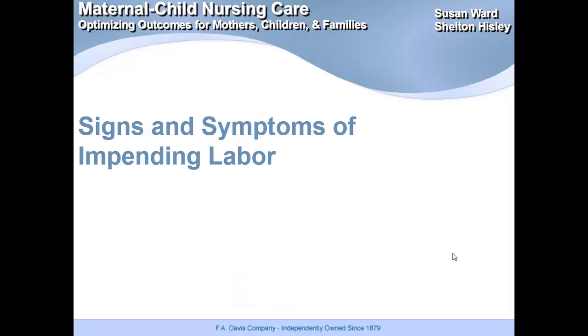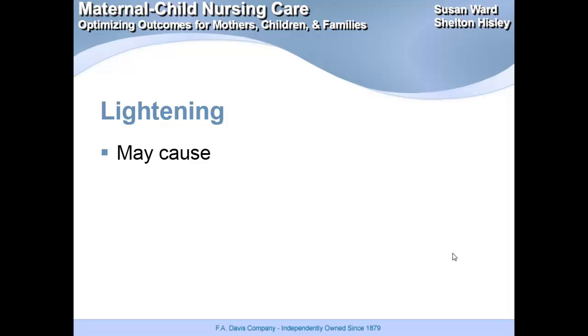So some signs and symptoms of impending labor. Lightening usually happens at about 38 weeks. This is where the presenting part settles and goes down into the pelvic cavity. The uterus is going to move down with that fetal head, and this is where lightening occurs.